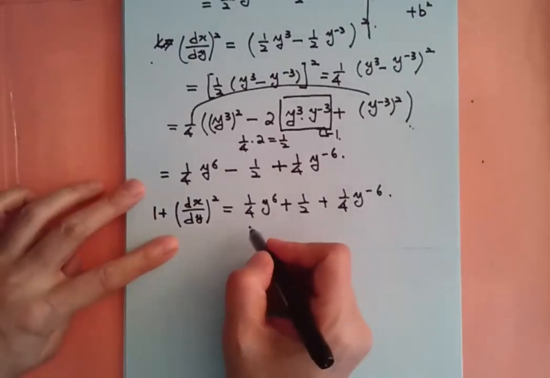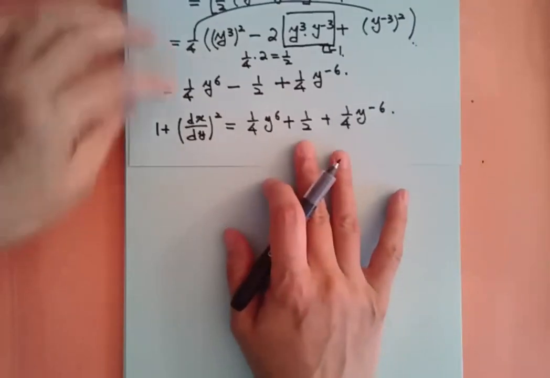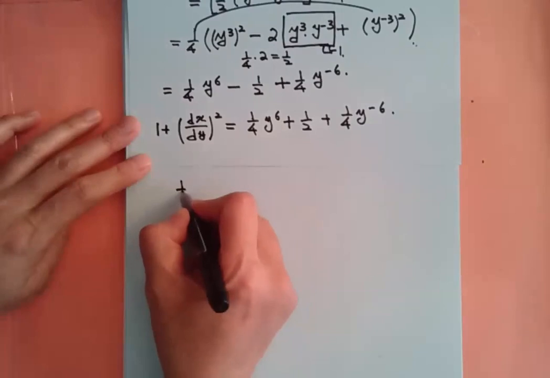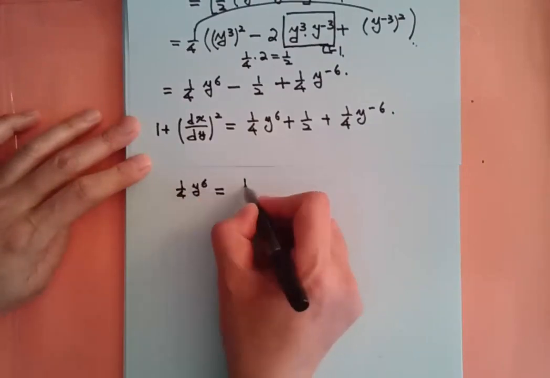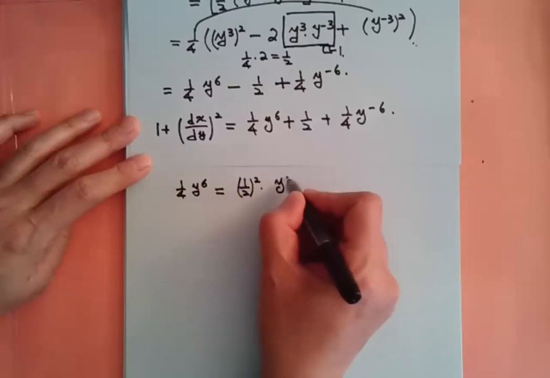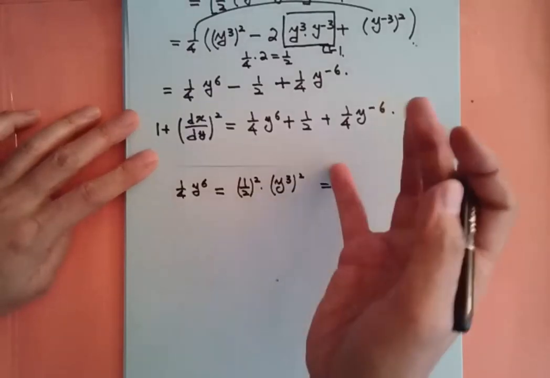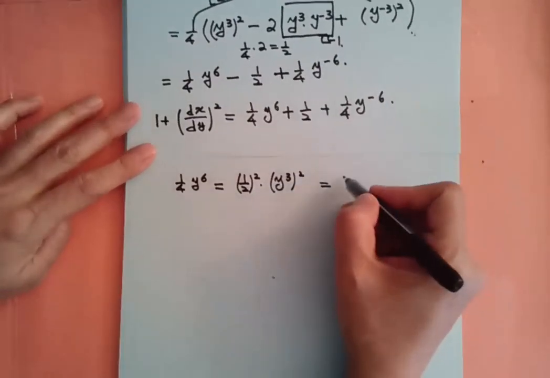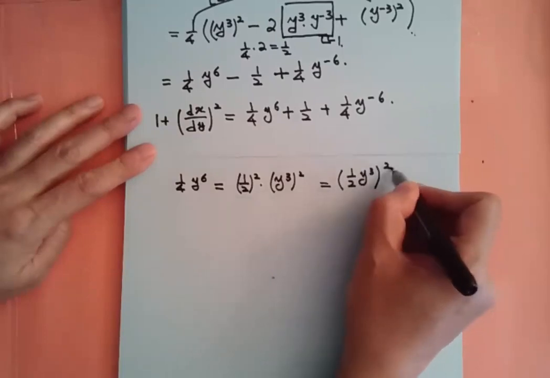So this one, let's think about this part. 1 over 4 y to the 6th power can be written as 1 over 2 squared times y cubed squared. So that is 1 over 2 y cubed, squared, right?